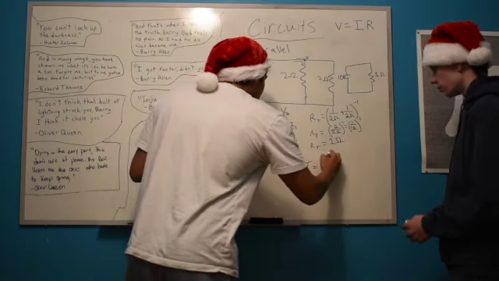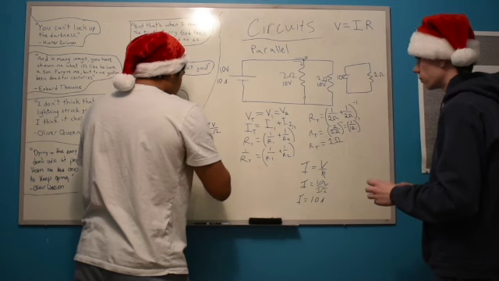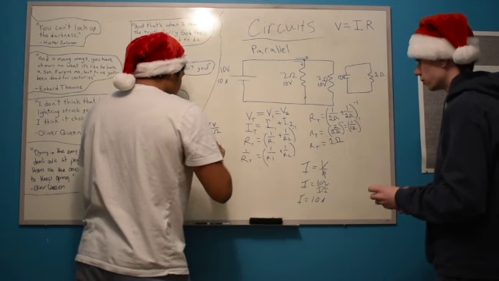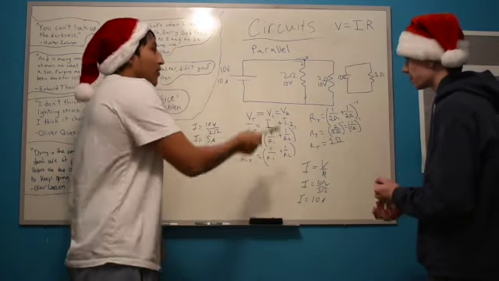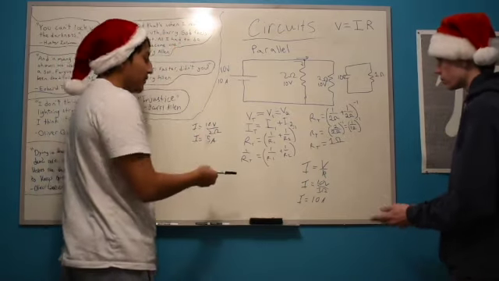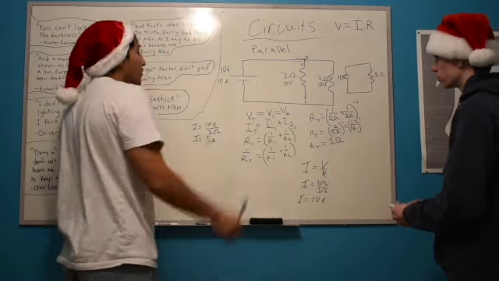Now if we were to solve for the current of each one, it would just be plugging in the 10 volts, because in a parallel circuit the voltage is the same everywhere as the total. So it would just be 10 volts over the 2 ohms of the resistor itself, which would just be 5 amps. And since they're both 2 ohms, they're both 5 amps, which makes sense because they should add to the total current.